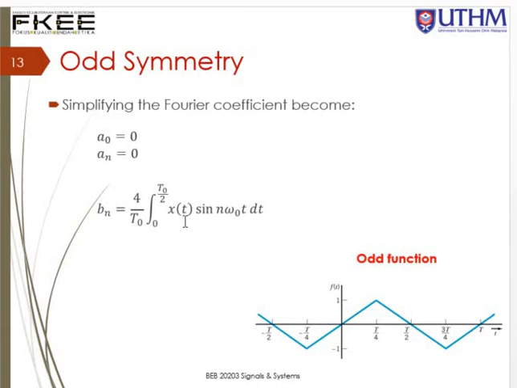So if the question given is either even or odd, and you know the properties of the even and odd signal, you can save some time calculating an and bn. You straight away use the properties of the odd symmetric or the even symmetric. For the odd symmetric, a naught is 0 and an is 0, and you just need to find bn, which is simple.